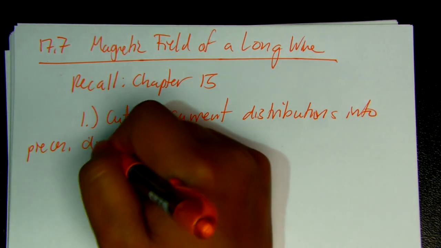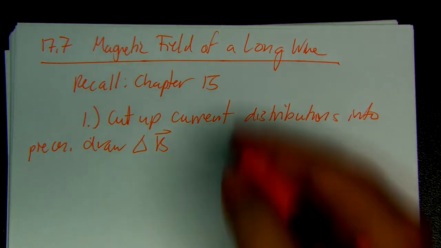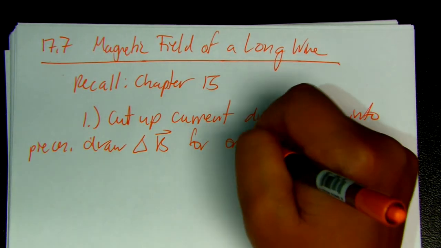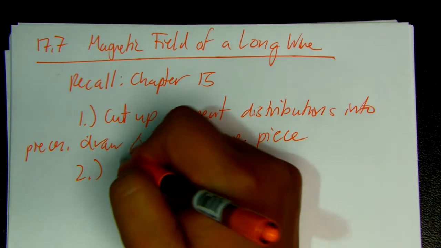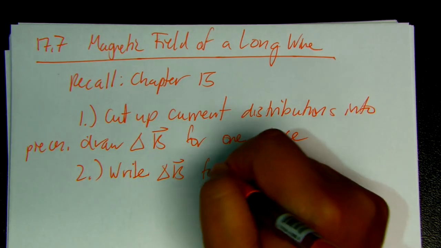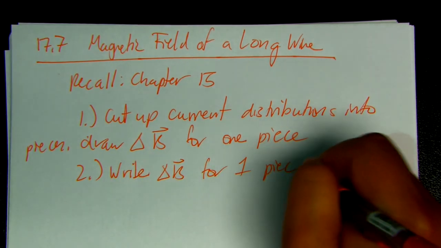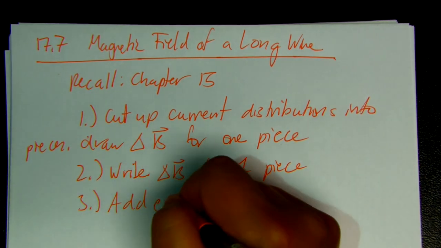And then we're going to draw the contribution of each magnetic field for one piece. Step 2, write delta B for one piece. Step 3, add them up.